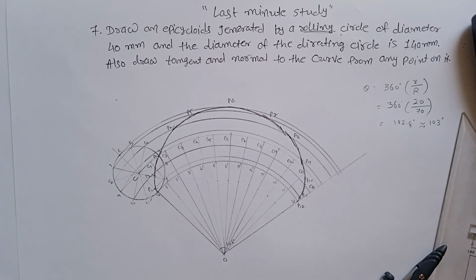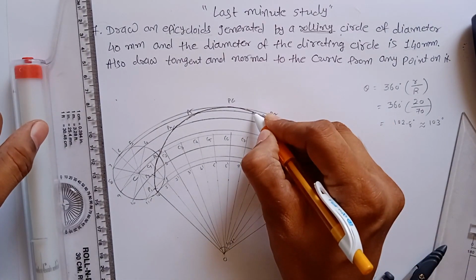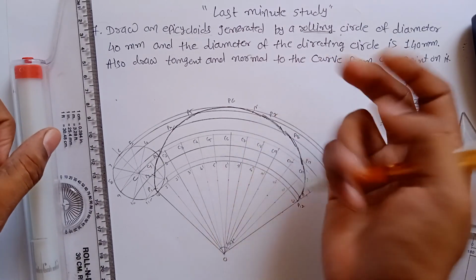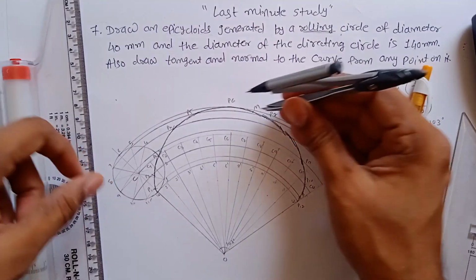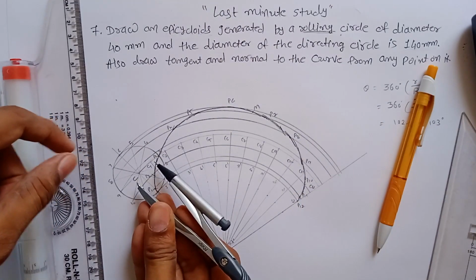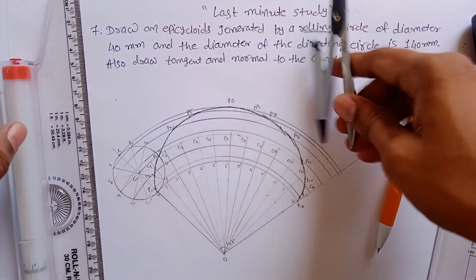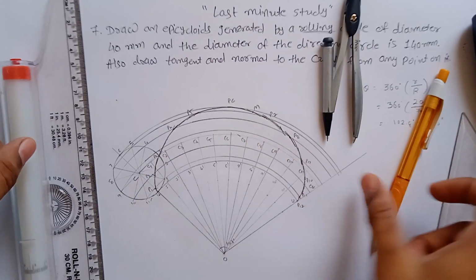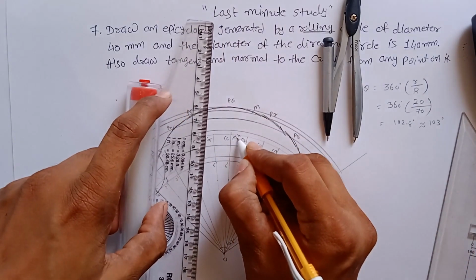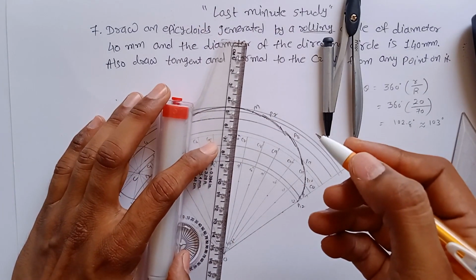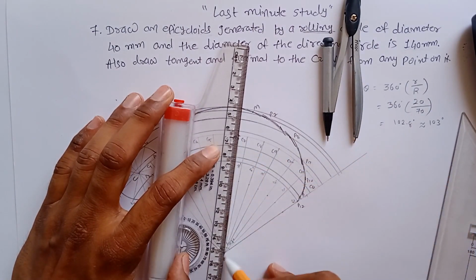To draw the normal and tangent, put a point M on the curve anywhere. Then measure this radius as a distance, with M as a center, and make an arc on the curve and this center line. This point is M0. Join it with the origin O, like this.